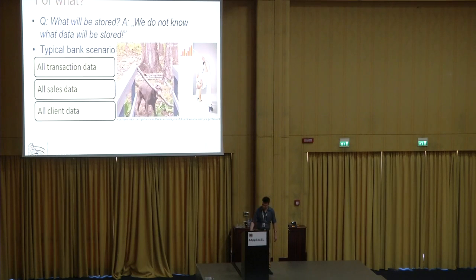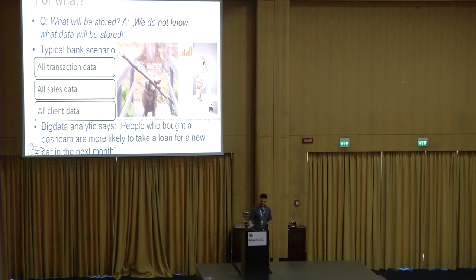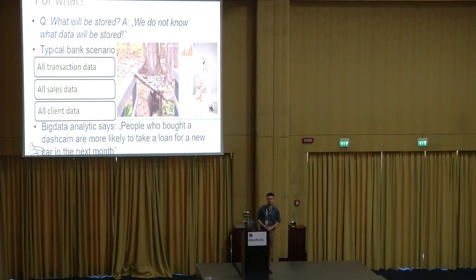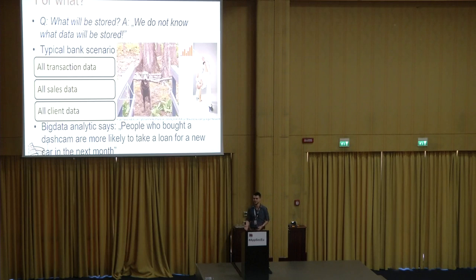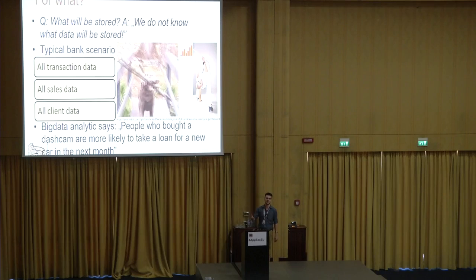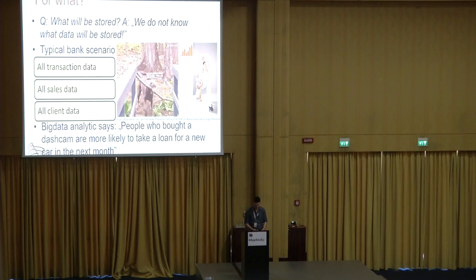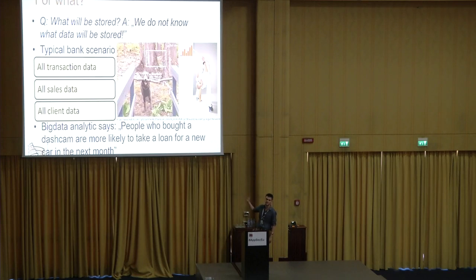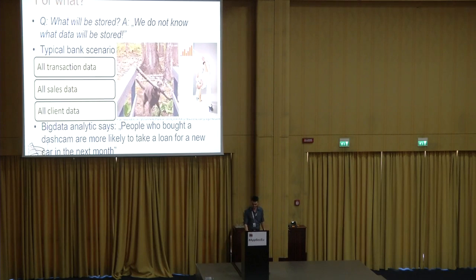And the analytics says, people who bought a dash cam are more likely to take a loan for a new car in the next month, because people have more accidents when they are sure that they've got a camera and everything is recorded, right? And that is money, because if they can offer more loans, the banks get more money, right?